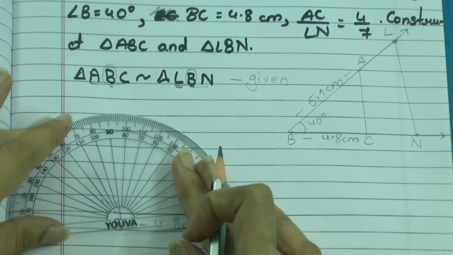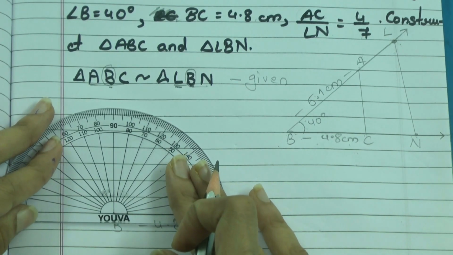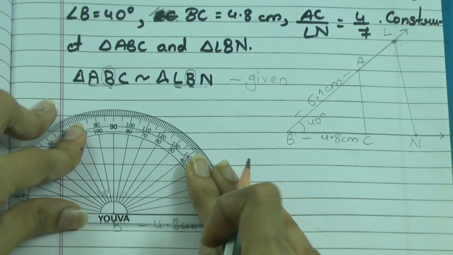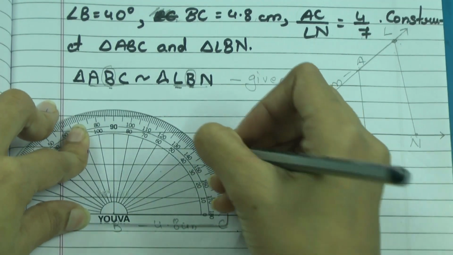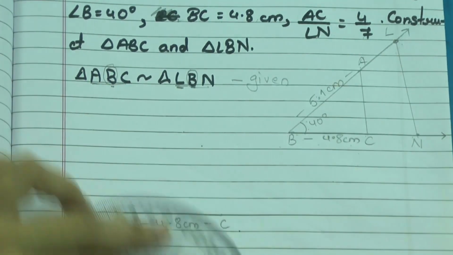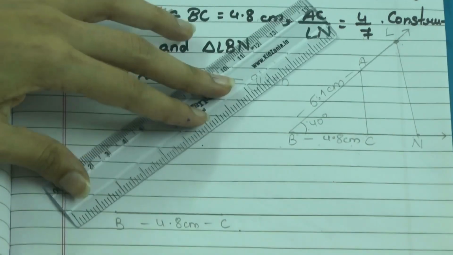Keep your protractor very carefully. Mark 40 degree. There is very good clarity. You can see every detail. Join the line.